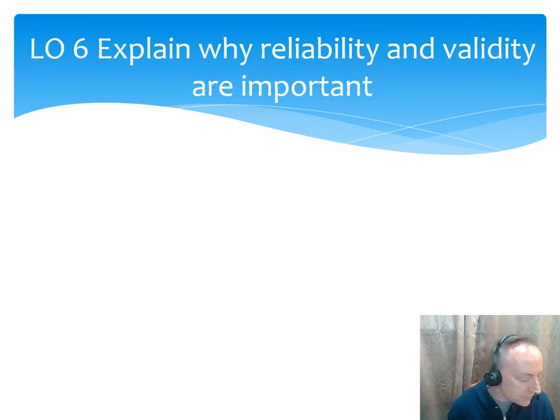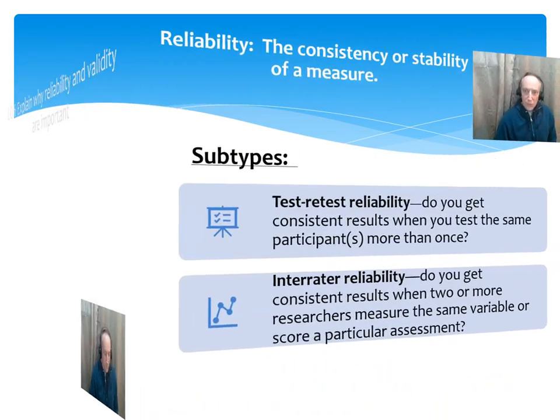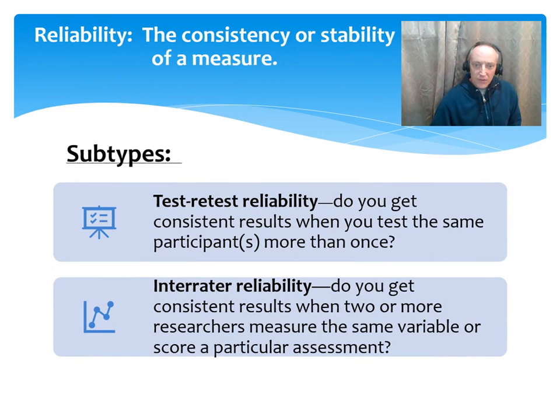All right, so now we're going to talk about concepts of reliability and validity. Again, not something you need to be able to calculate for yourself right now, but to understand what those concepts mean. We're going to start with reliability. Reliability means how consistent or stable are your results. There's a couple of subtypes of reliability.